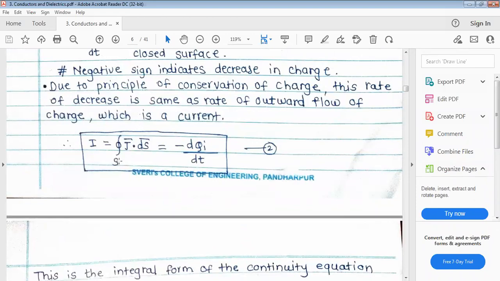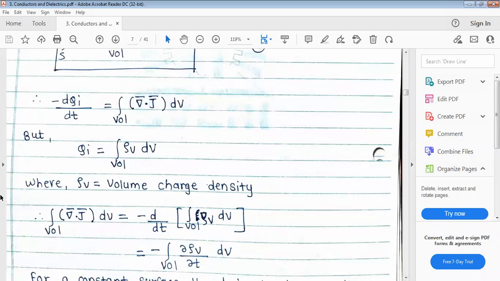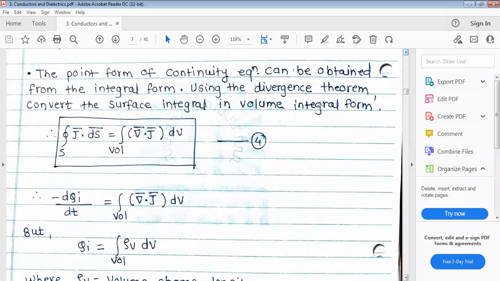This current I is equal to the closed surface integral of j bar dot ds bar, which is equal to minus dqi upon dt. So we just replace the left hand side by minus dqi upon dt. The right hand side stays the same, that is the volume integral of del dot j bar into dv.